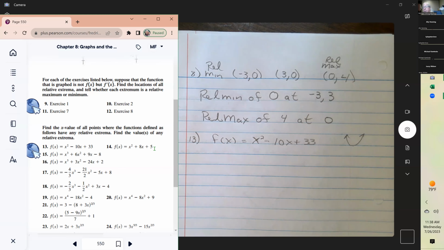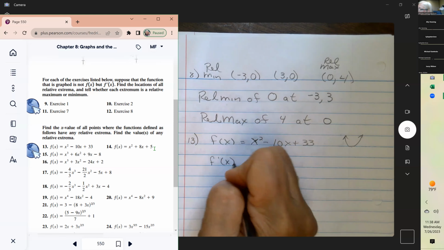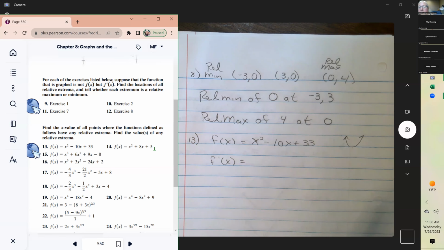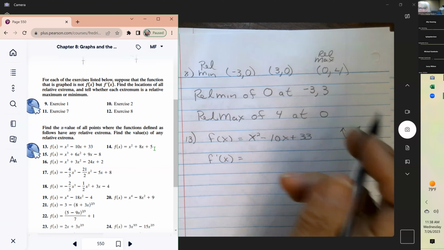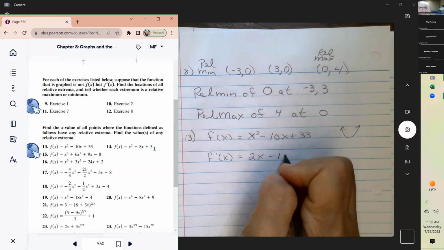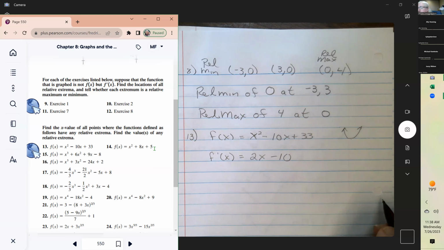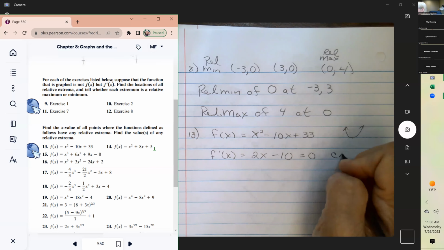Well, now that you know the derivative, another way of finding it is taking the derivative and set it equal to 0, because that's a critical number, and your vertex is a critical number. So we would take the derivative, 2x minus 10, and set it equal to 0. That gets our critical number.